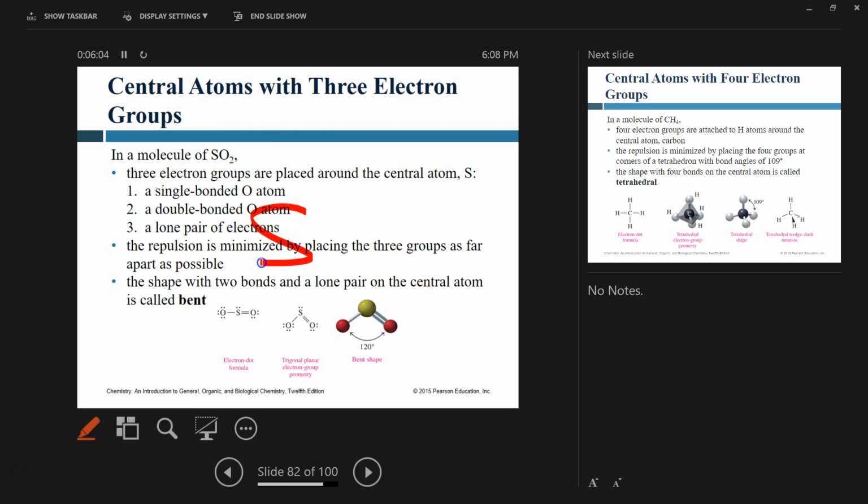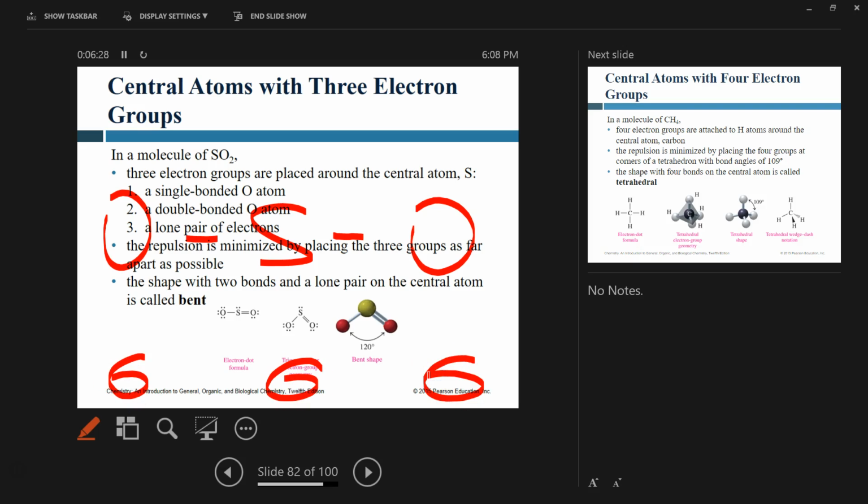We've got sulfur, we've got oxygen, and we've got another oxygen. Does that make sense? How many valence electrons total do two oxygens and one sulfur have? How many valence electrons on oxygen? 18. So 6, 6, and 6. Does that make sense? 18.